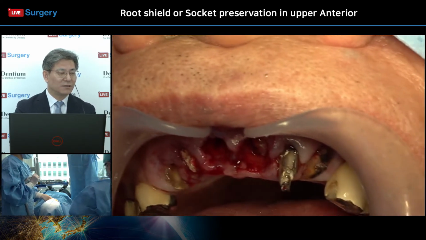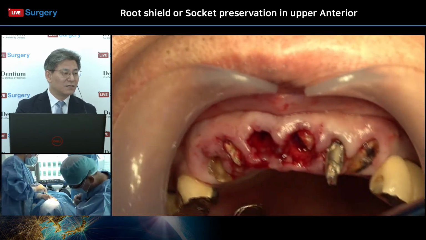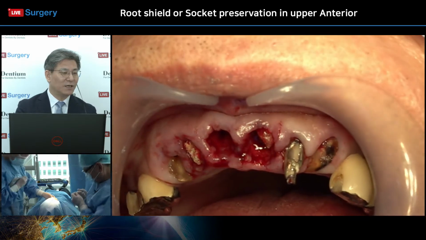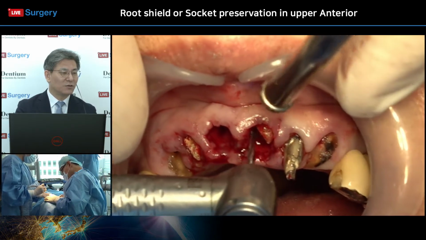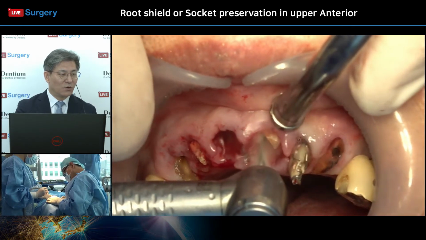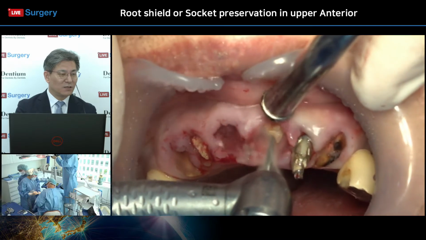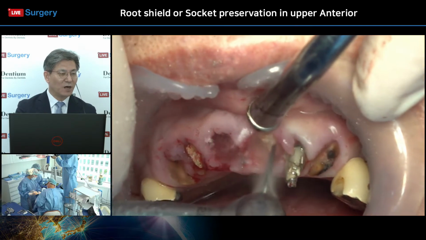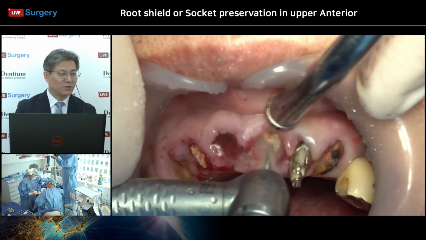Sometimes for easy extraction, I can cut out. Use a high-speed bar, a Fisher bar, to remove the remnant of the tooth.